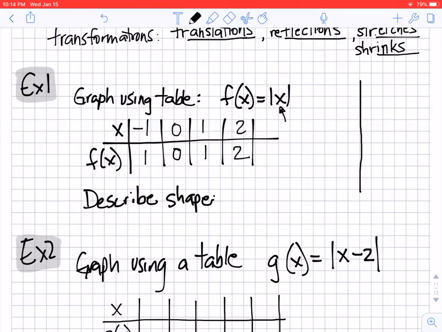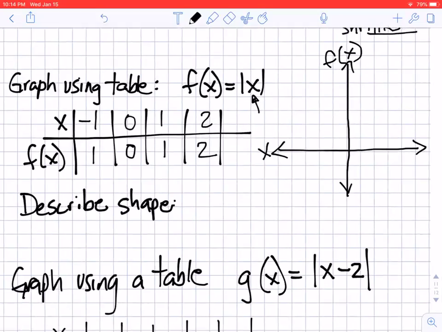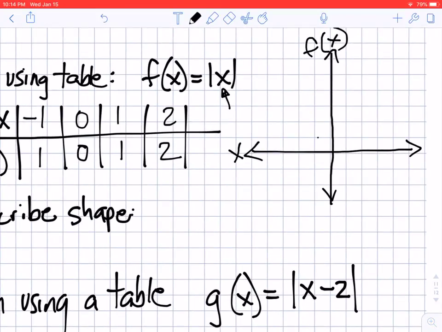Putting up an x-axis and a y-axis, we'll plot those values. Again, here's our x-axis and here's our y-axis, also known as f of x. So if we go back 1, the first dot we have to put is positive 1.